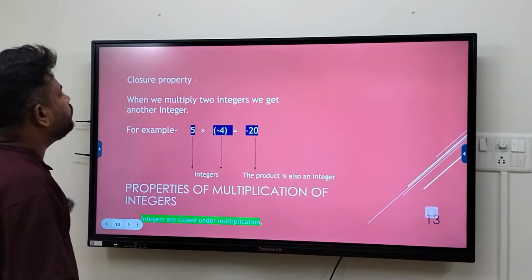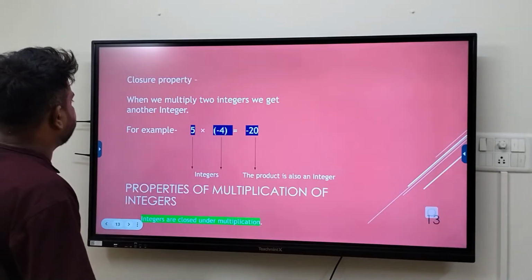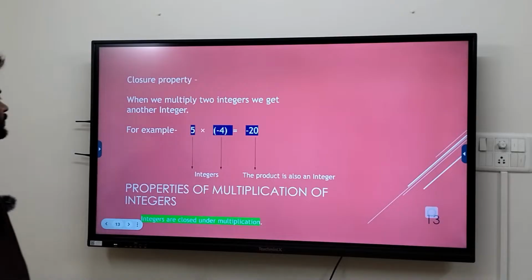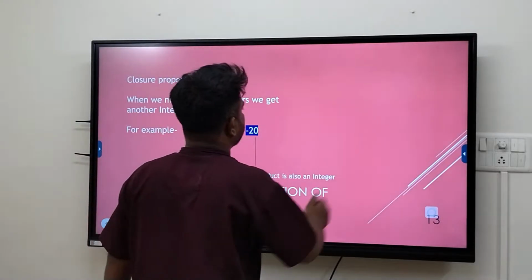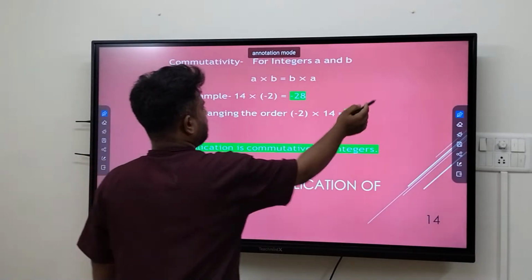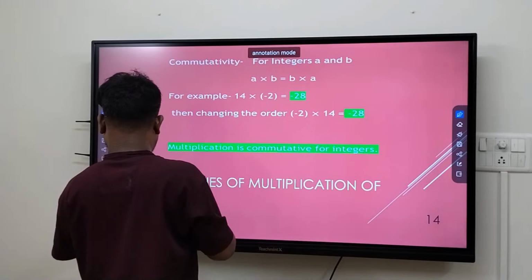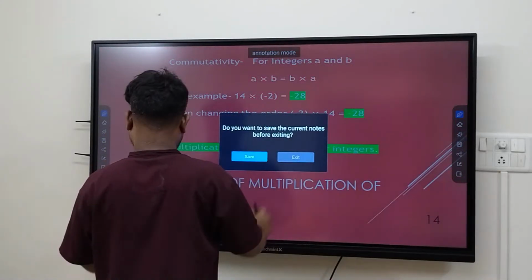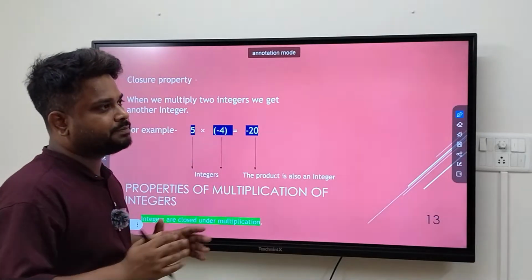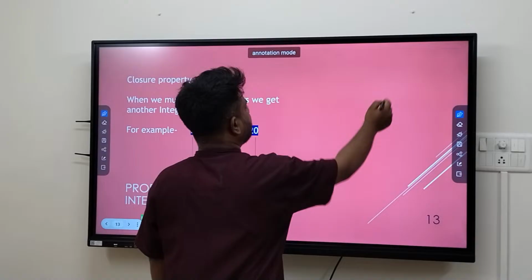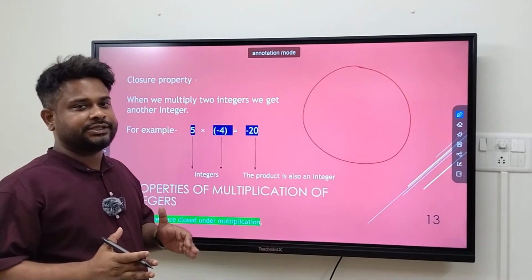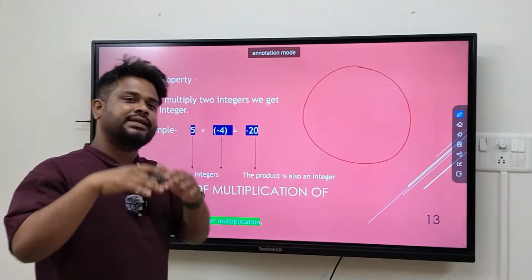Okay, now we will talk about the properties. The first one is the closure property. When we multiply two integers, we get another integer. For example, like this, and we already know that closure property is basically the operations which keep the answer in that set itself.